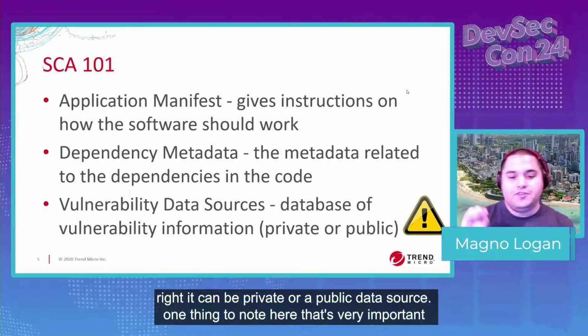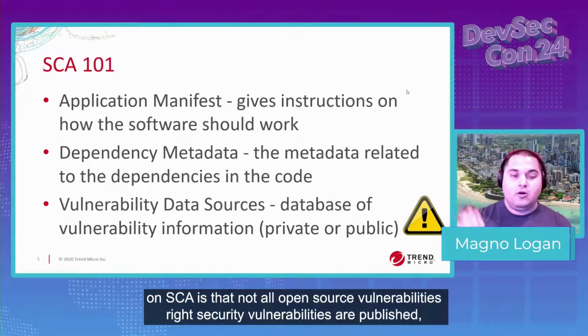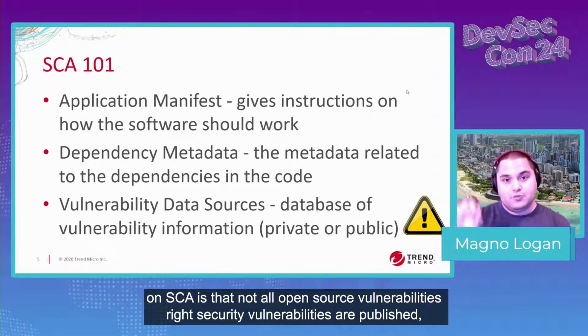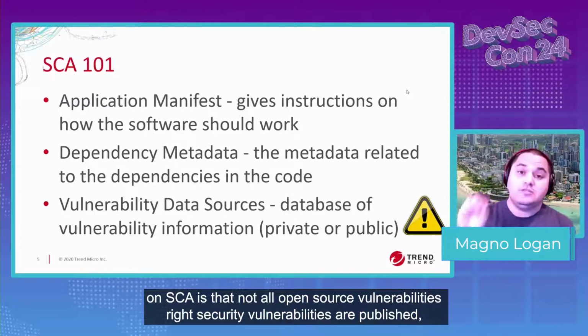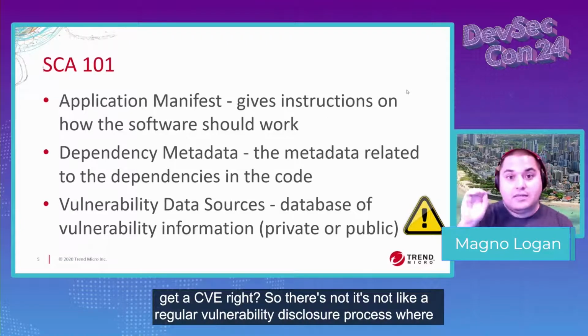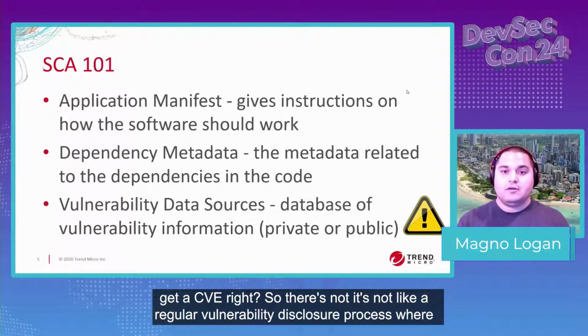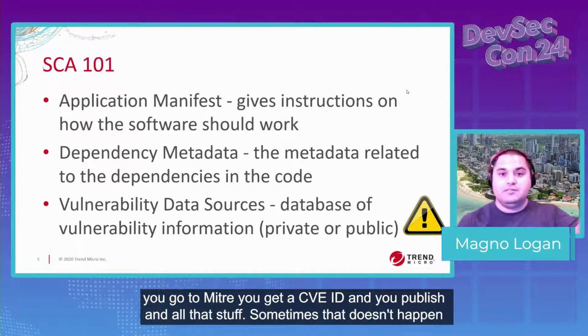One thing to note here that's very important on SCA is that not all open source security vulnerabilities are published or get a CVE. It's not like a regular vulnerability disclosure process where you go to MITRE, you get a CVE ID and you publish and all that stuff.